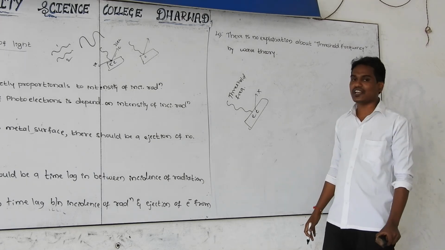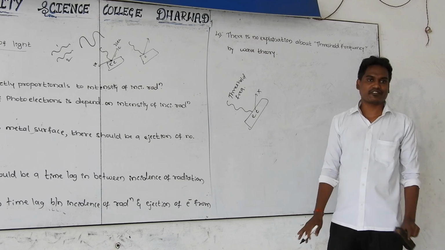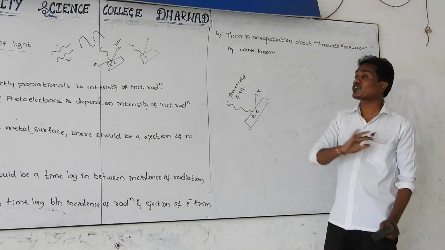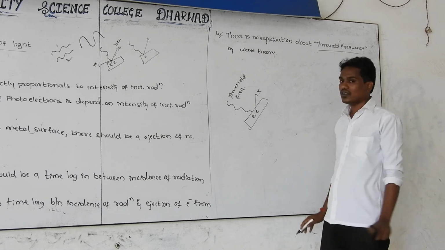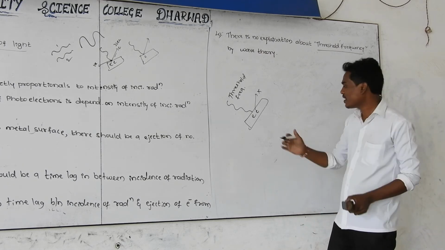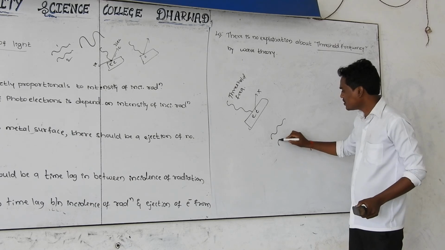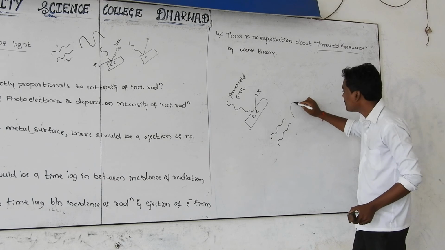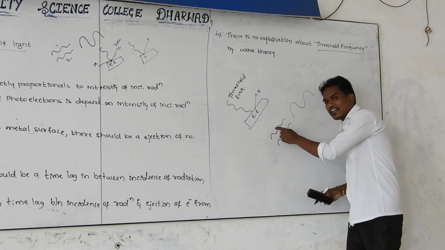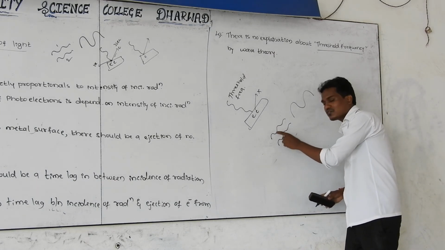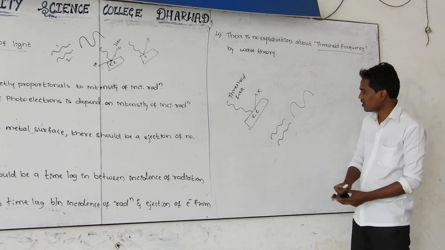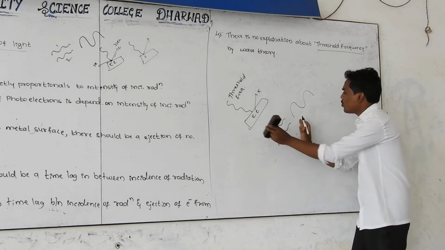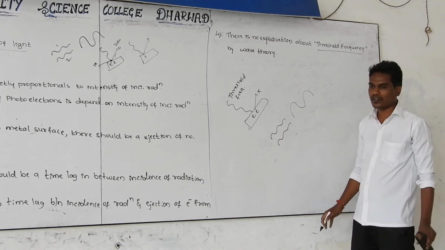But according to wave theory, there is no concept of threshold frequency. The wave theory cannot explain or talk about this term. According to wave theory, for example, this is the first radiation and this is the second radiation. In order to merge and become a big wave, the energy or frequency of these waves is not considered. Its frequency is lowest, but it is still possible to make the big wave.